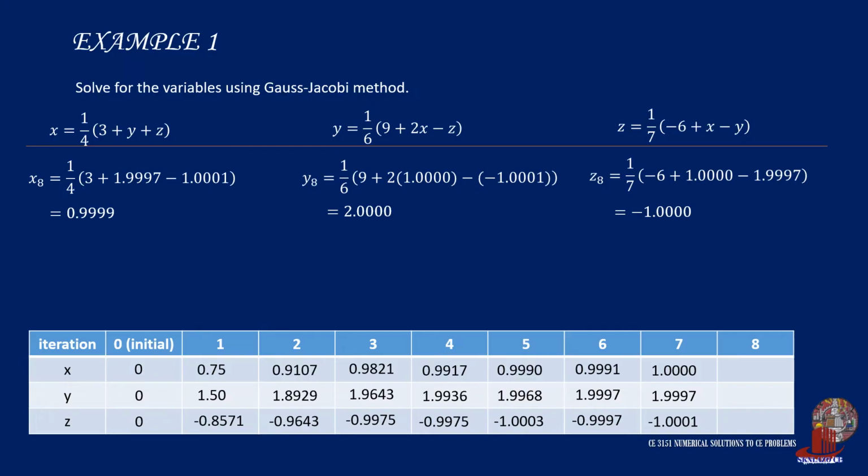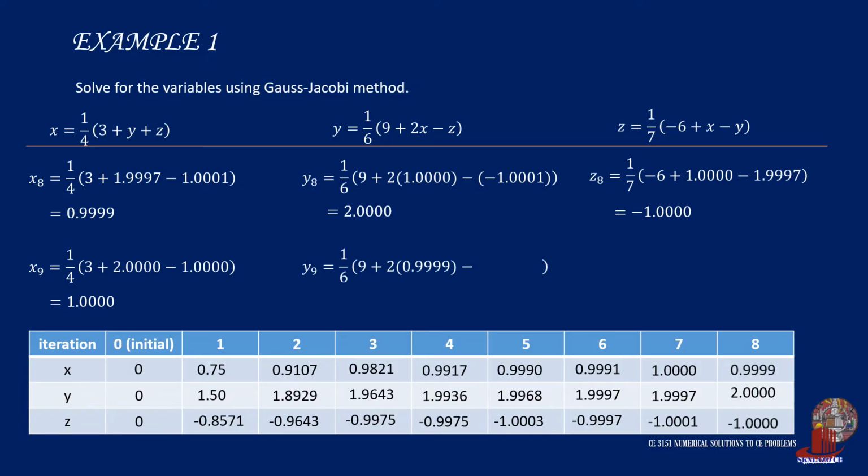And if we work on the 9th iteration, x sub 9 is 1/4 times 3 plus 2 minus 1, or that is 1. Y sub 9 is 1/6 times 9 plus twice of 0.9999 minus negative 1, giving 2.